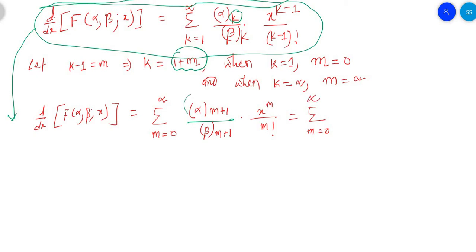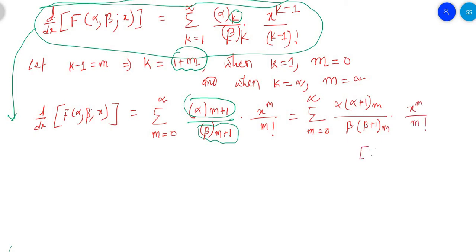This term can be written as alpha into (alpha plus 1)_m, and this (beta)_(m+1) can also be written as beta into (beta plus 1)_m, into x to the power m over m factorial.